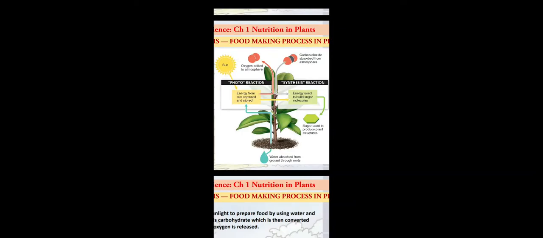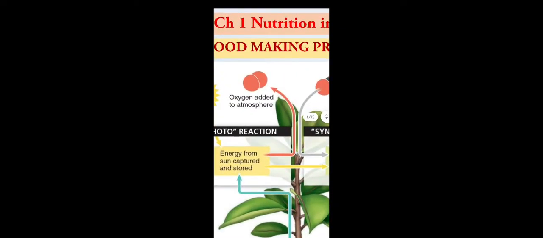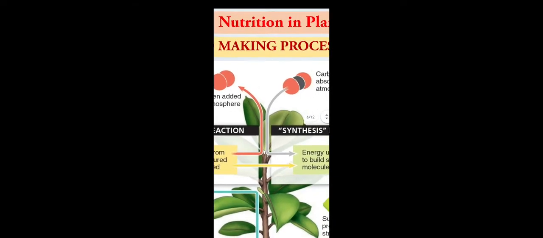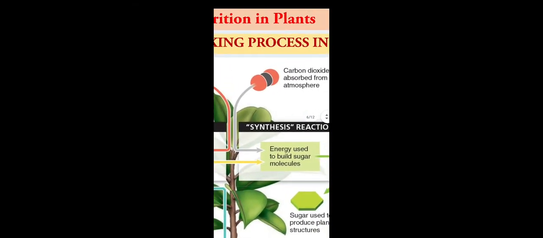In this diagram we can see these two red spheres which denote the gas oxygen, which is composed of O plus O, two O atoms, and this symbol represents carbon dioxide. Red ones are denoting oxygen and the black one is denoting carbon.